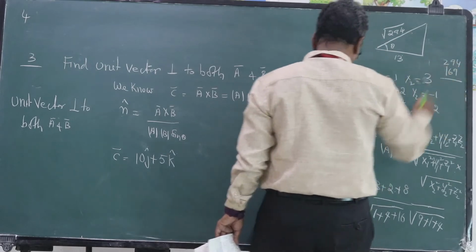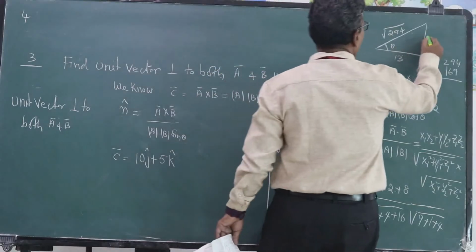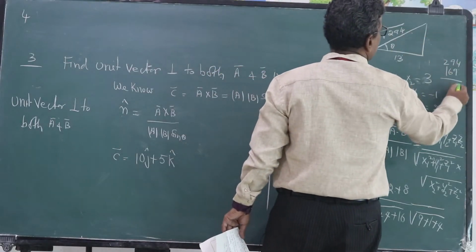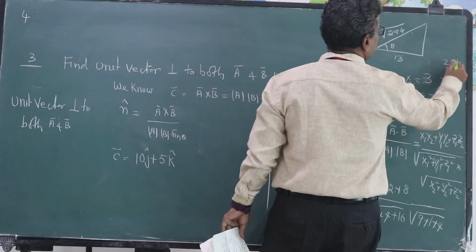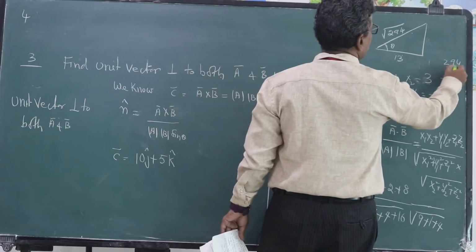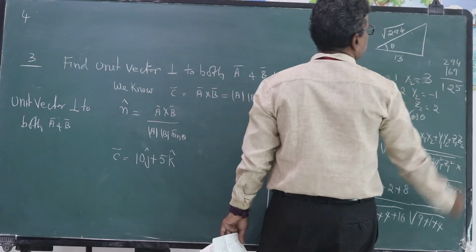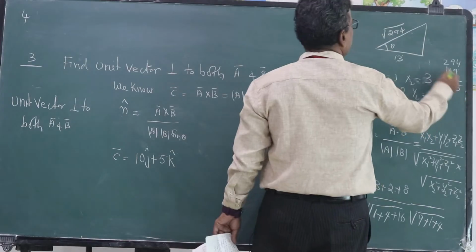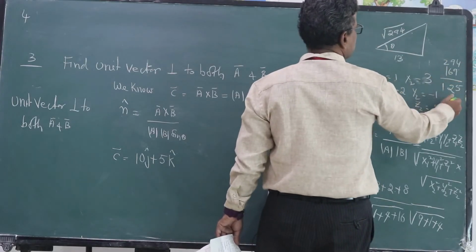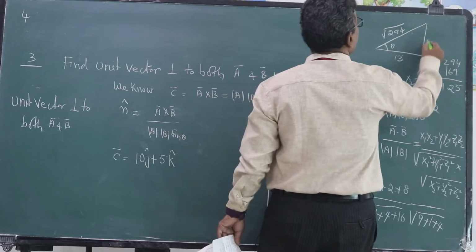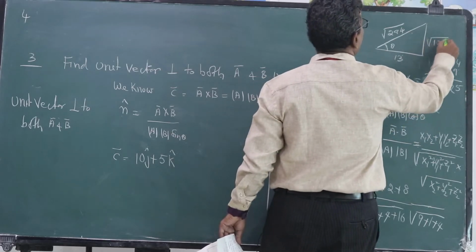So you will get square root of 294 minus 169, which gives 125.